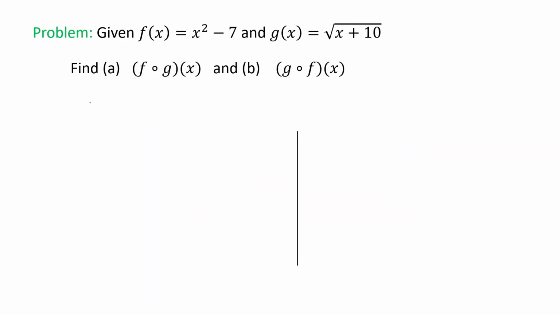Now we are going to do this problem. Given f of x is x squared minus 7 and g of x is this. You need to find f of g of x and g of f of x.